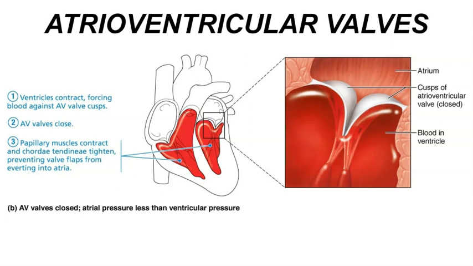The flaps of the valves are going to snap together and close, and as the ventricles contract, the papillary muscles will also contract, which are going to put tension on those chordae tendineae. So recall that the chordae tendineae behave as tethers that are going to anchor the atrioventricular flaps when the valves are closed. So this helps to close the valves without the ends of the valves blowing back up into the atria, and blood flowing back up into the atria along with it.